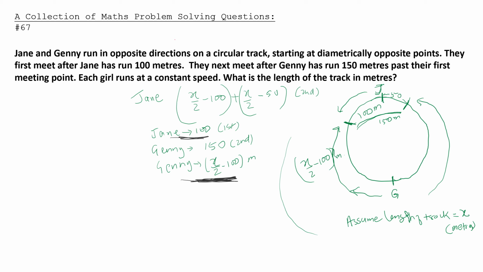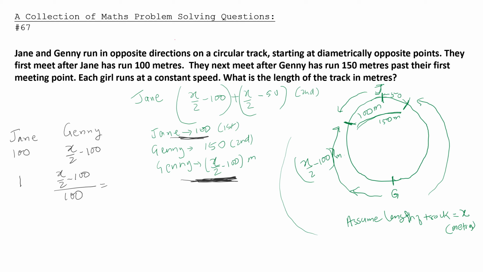If I put a column for Jane and a column for Jenny, when Jane runs 100 meters, Jenny would have run x out of 2 minus 100 meters. So when Jane runs 1 meter, Jenny would have run x out of 2 minus 100, the whole thing divided by 100.